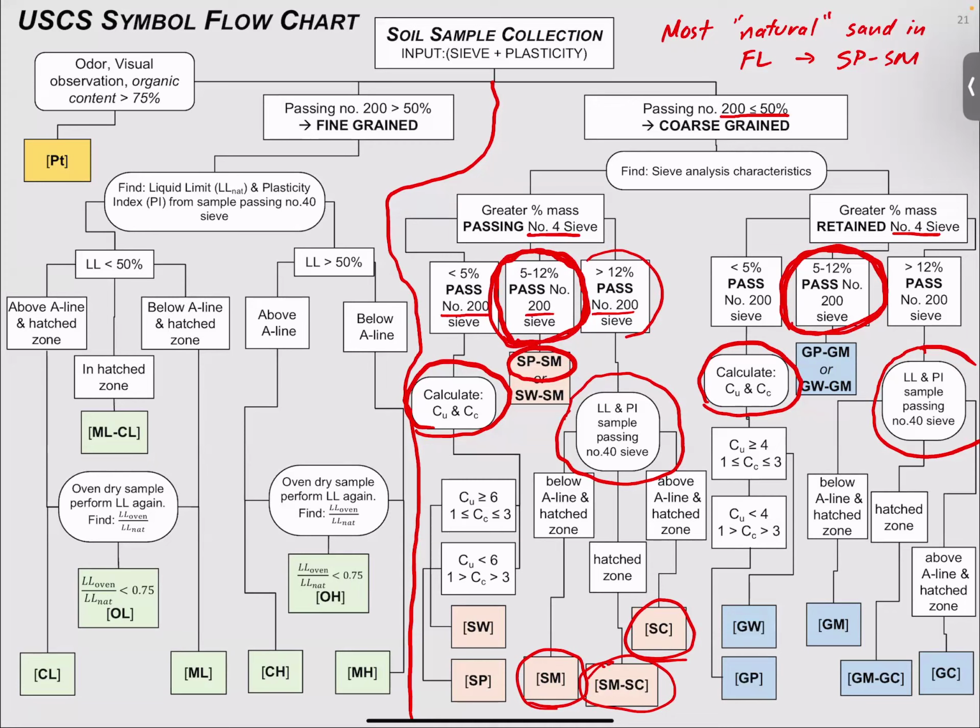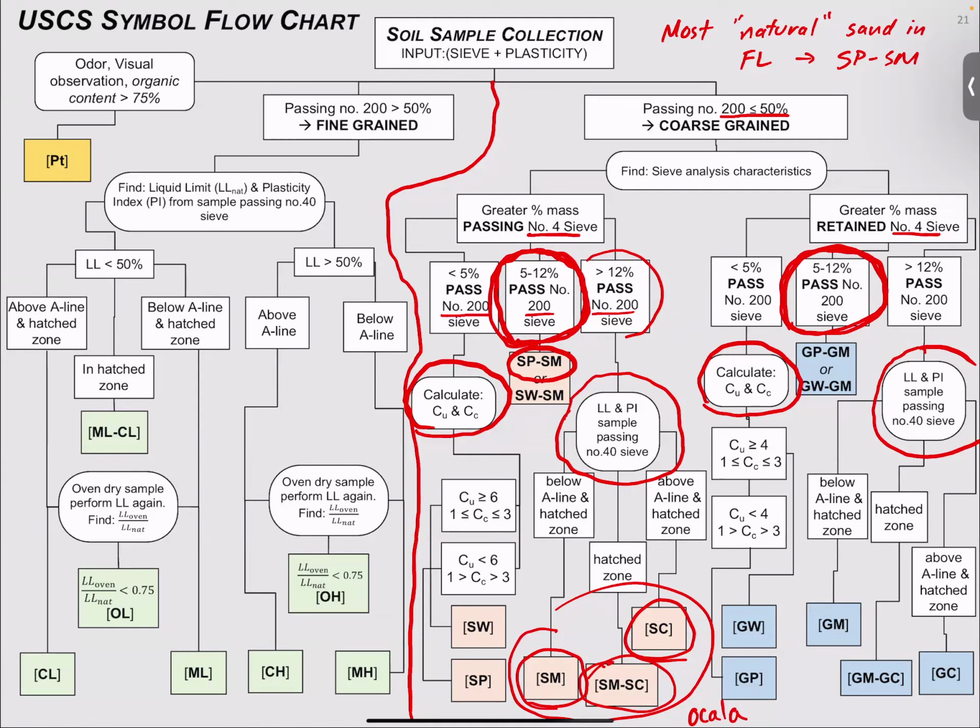A lot of times if you see the SC, SM, and SM-SCs, those are really popular in Ocala or Gainesville, the center of the state. We would have those types of soils often. Those can be beneficial because they're really good to use as fill material, but also they need to be classified a little bit further, and you need to do those Atterberg limits to really define how the plasticity is going to affect them.